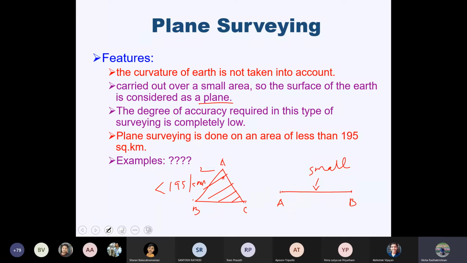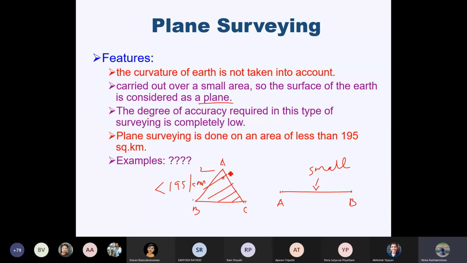Those are all equipment. See, you're saying chain surveying, you're saying plane table and all that. But just give me some examples where you think that these equipments can be used. Surveying of a house, like maybe for construction. Surveying of a house, very good. It's a very small distance, straight lines, and it's defined. So that is one thing.